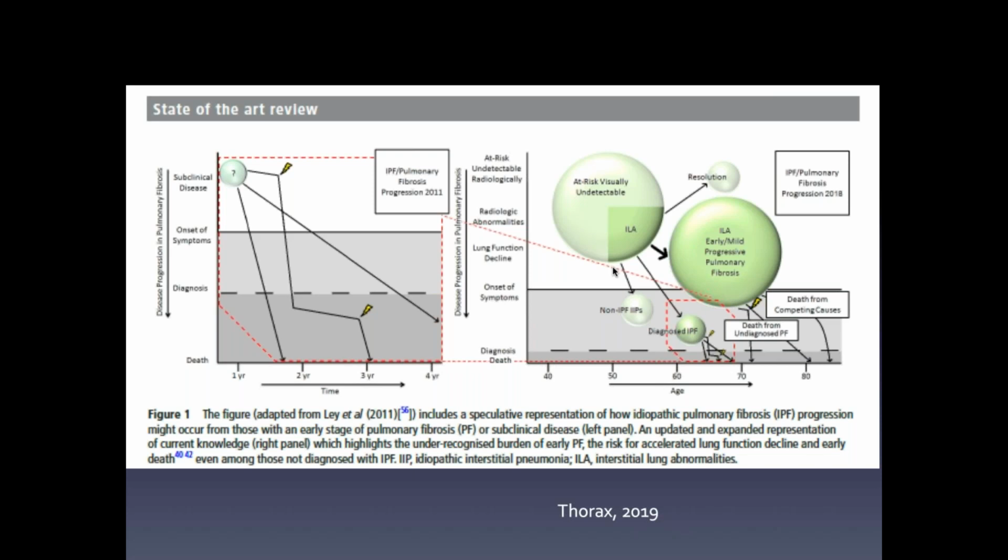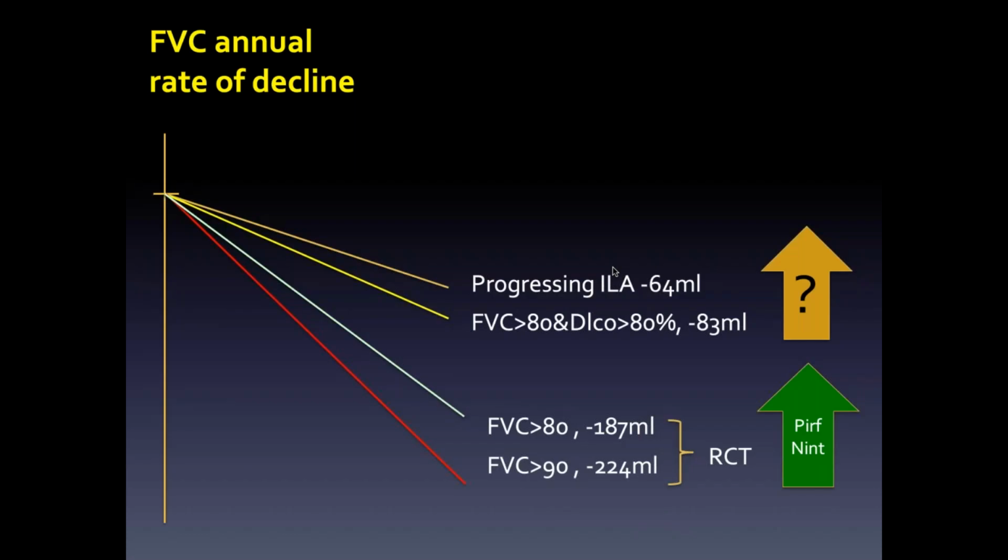And we have other findings, mainly centrilobular nodularities or ground glass, that do not progress or do not belong to the IPF field. And in randomized clinical trials, we have patients with preserved lung function who have significant decline in 1 year, and in these subjects we know how to treat them.